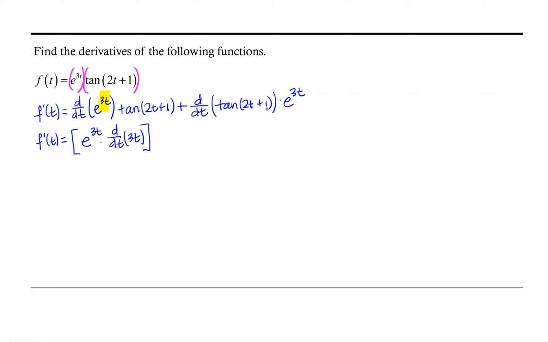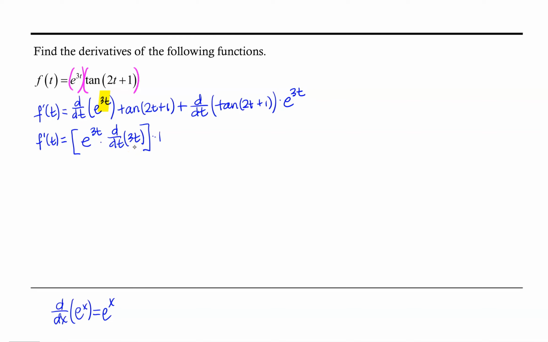Again, that's the rule for exponential functions. The derivative with respect to x of e to the x is e to the x. So the derivative of e to the 3t is e to the 3t, but we have to attend to the fact that we do have this argument of 3t and must apply the chain rule. Hence, the derivative with respect to t of 3t.